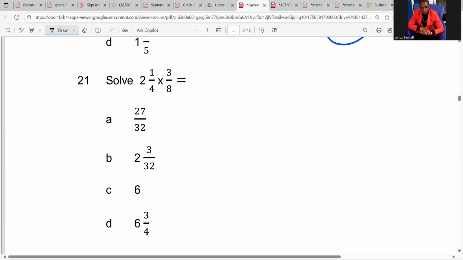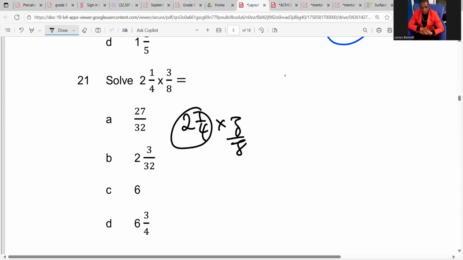All right, 21. This one says solve 2 1/4 multiplied by 3/8. So 2 1/4 times 3 over 8.